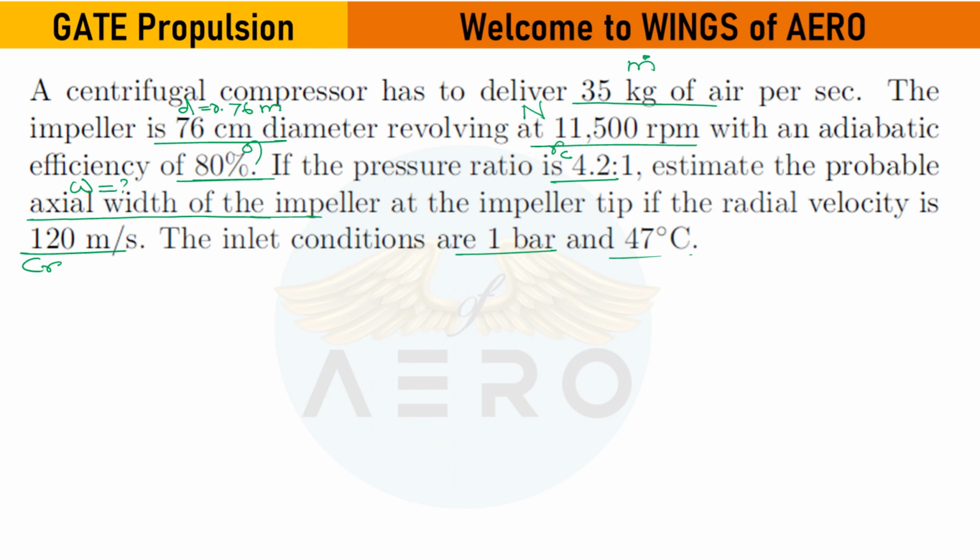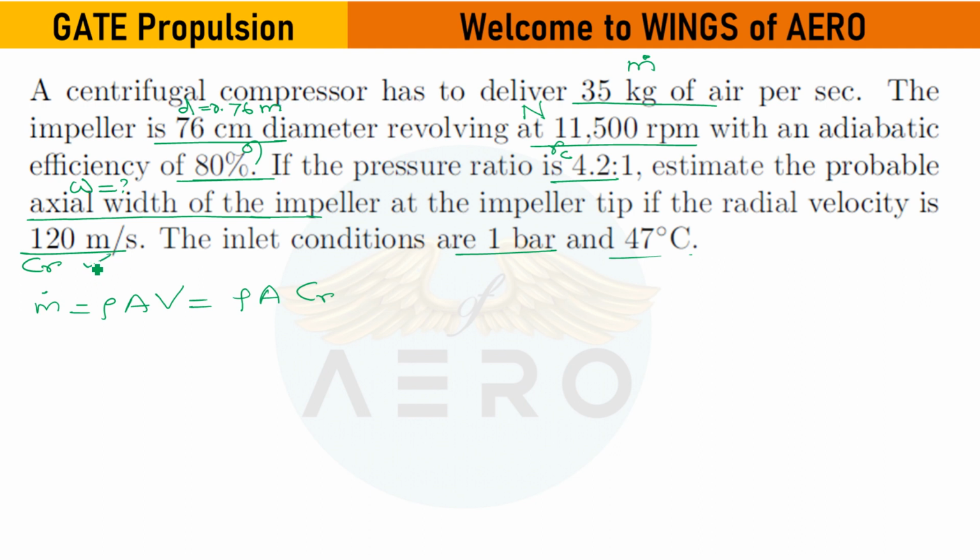Okay, now what is the formula? Based on the given data, let's first write down the formula. What is the mass flow rate formula? M equals rho A V. Now do you know V? Instead of V, we will use the radial velocity, so M equals rho A CR.